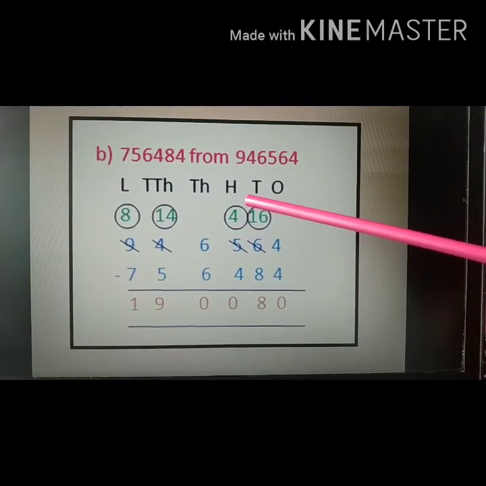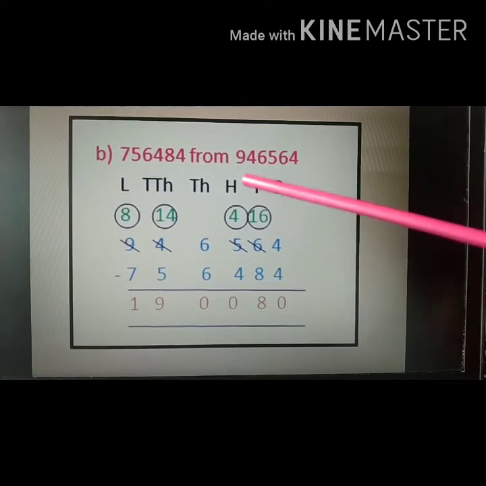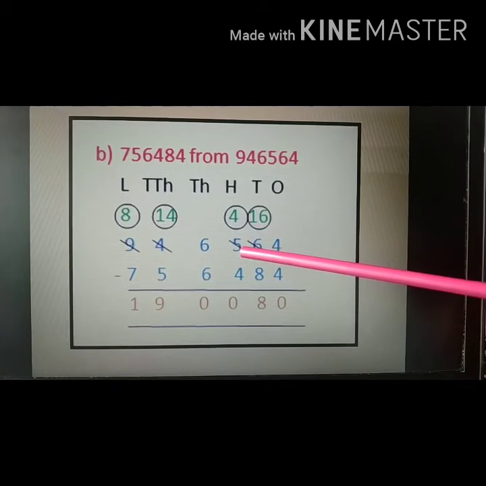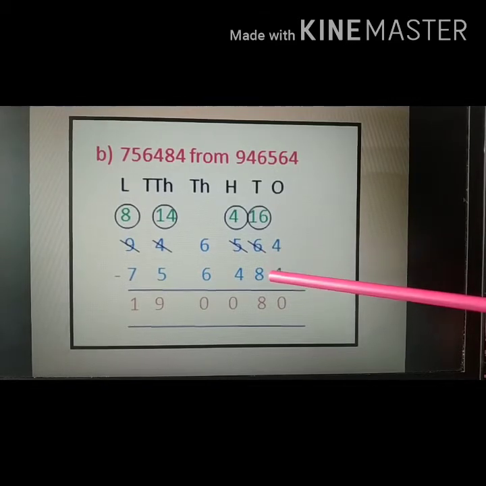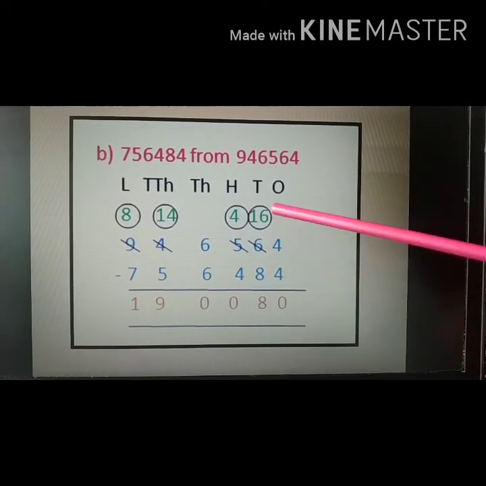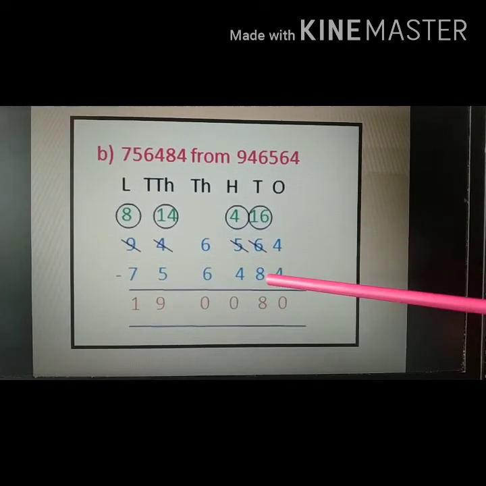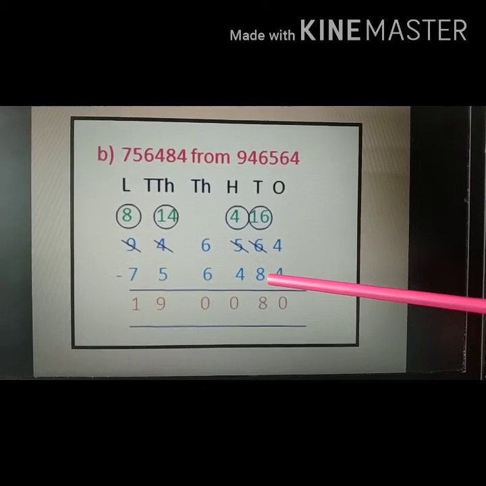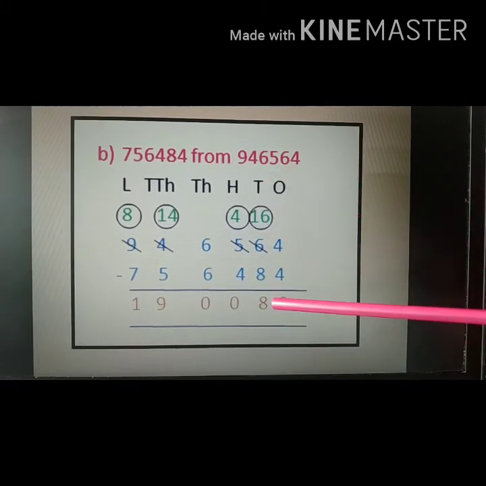From 100 we will take 1, so at tens place 6 will become 16, and at 100 place 5 will become 4 because 5 has given its 1 to the tens place. So 16 minus 8, you can count on the fingers, next to 8, that is 9 to 16. Count on your fingers quickly. 9, 10, 11, 12, 13, 14, 15, 16. Yes, these are 8. So we write 8 at the tens place.